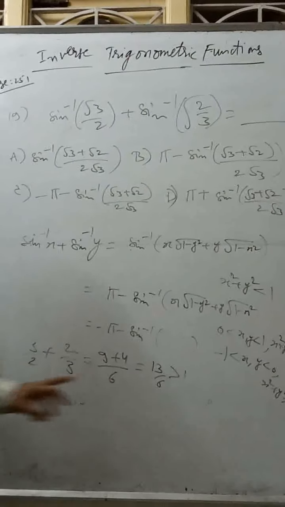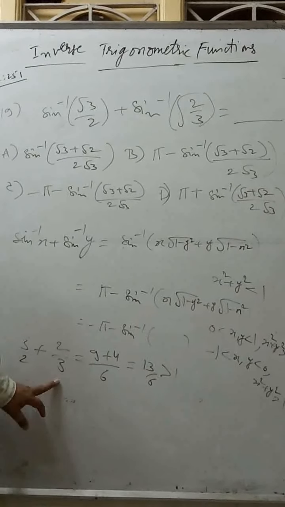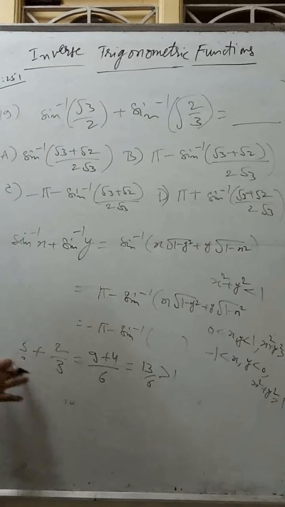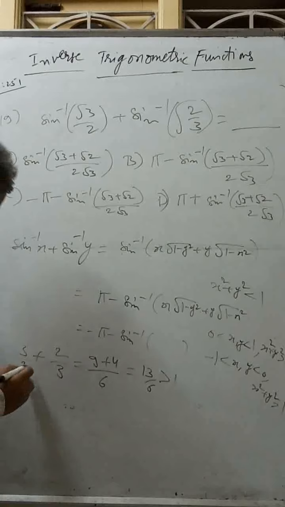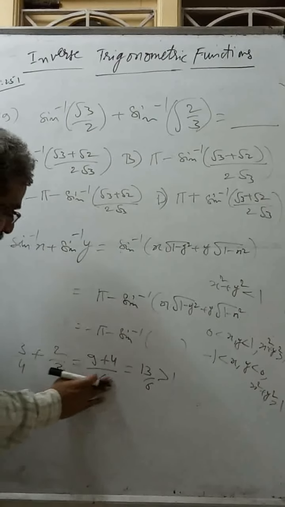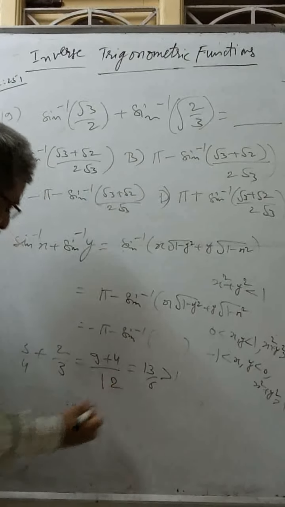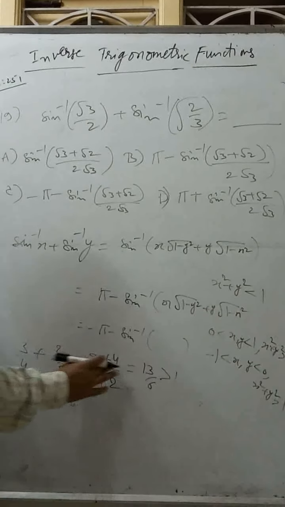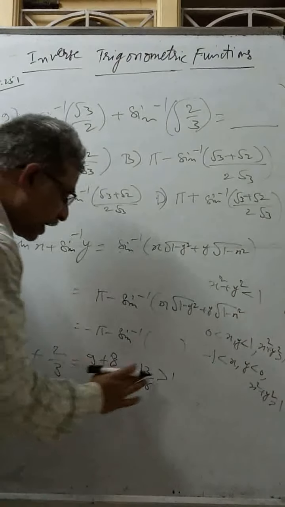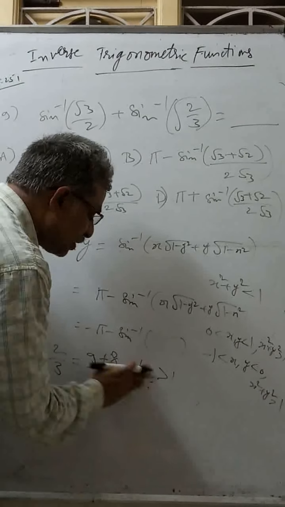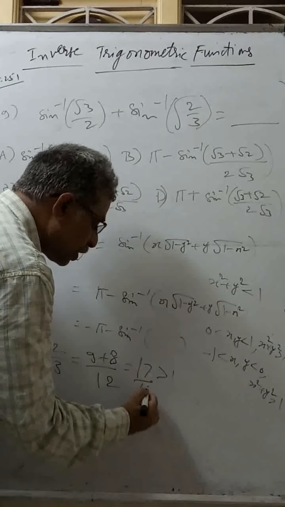Observe, if x square is taken for root 3 by 2 as 3 by 4, then LCM is 12. So this is 3 3 is 9, this is 4 2 is 8. Anyhow, 9 plus 8, 17 by 12 is also more than 1 only.